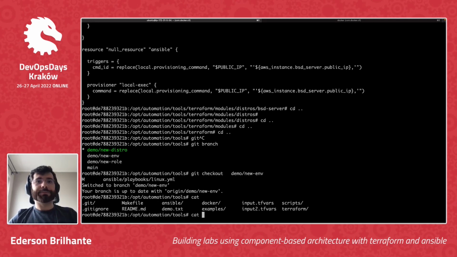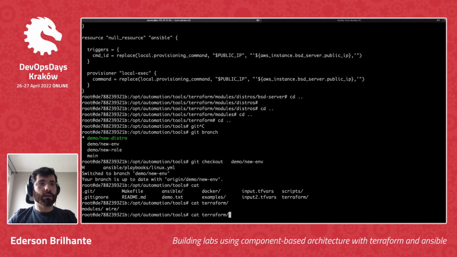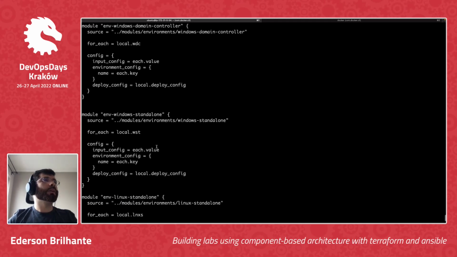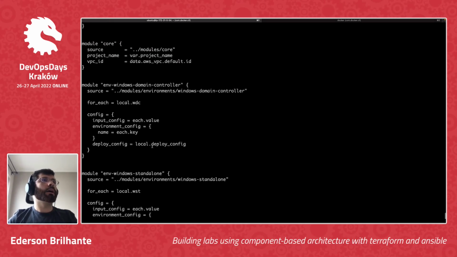So in the environment, let me open. So first, higher name. So you can see here, I created, as I mentioned in the beginning, some Windows domain controller. So here I will show you about this environment.